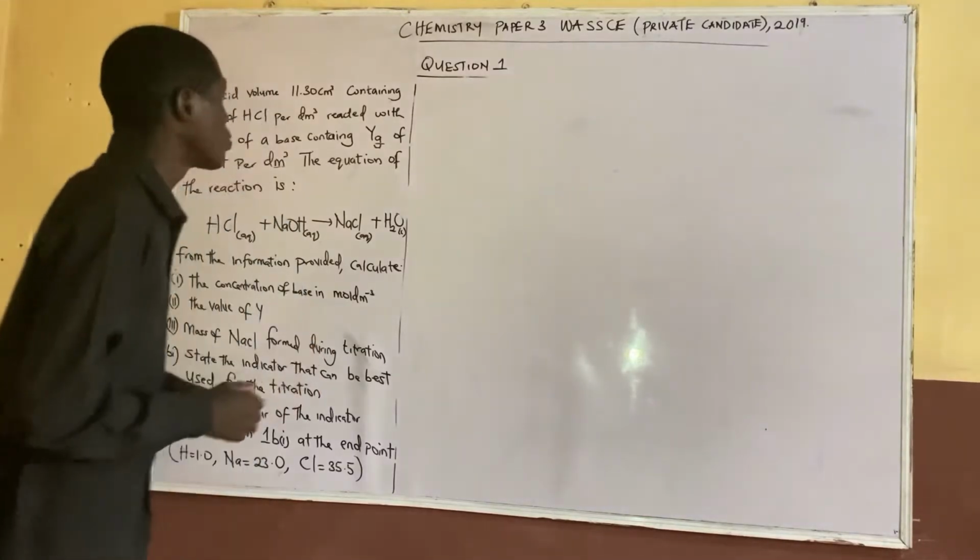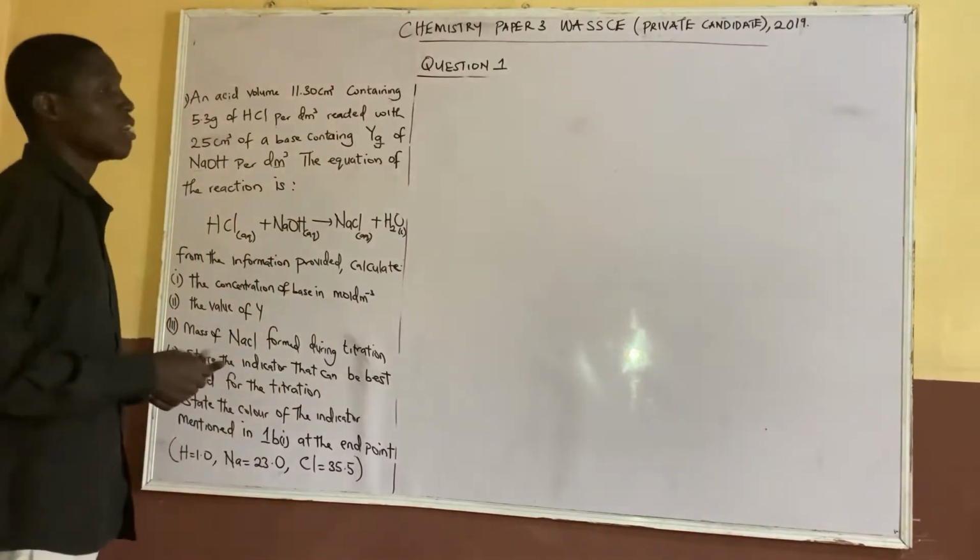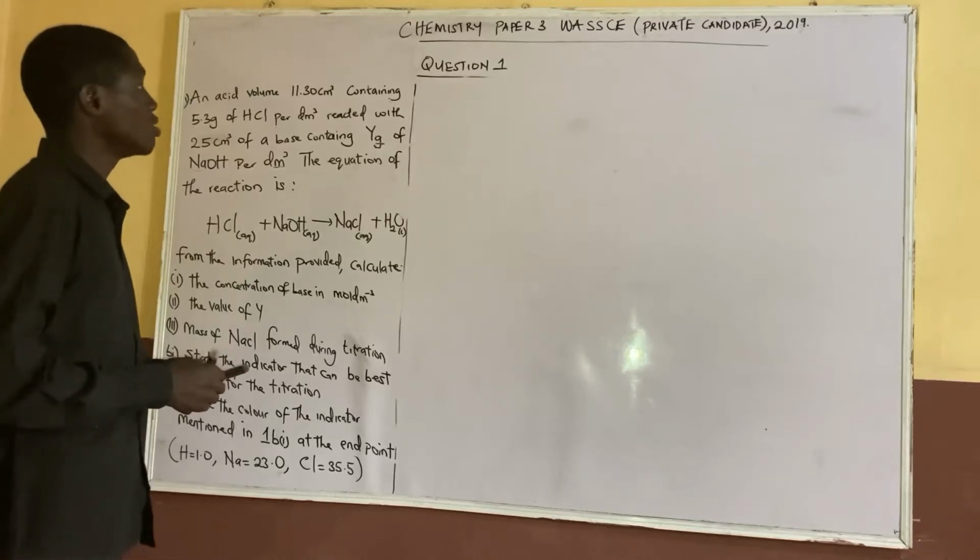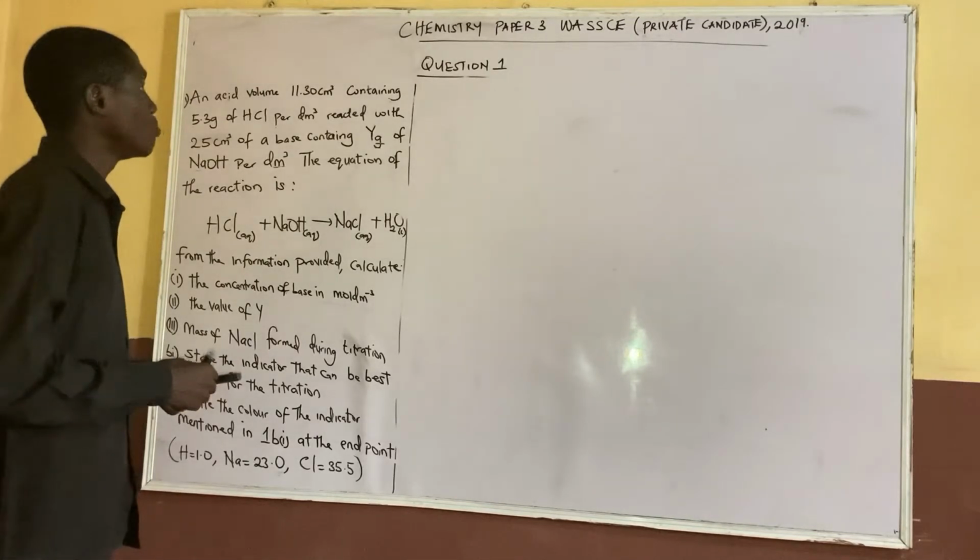So here is question number 1 under volumetric analysis in 2019 chemistry paper 3.